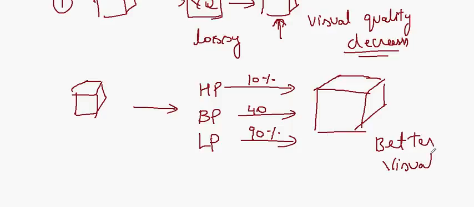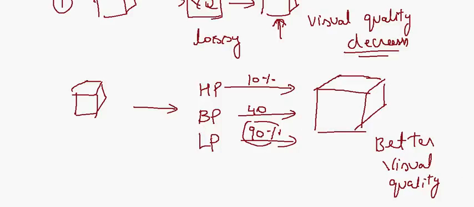You may ask, why do I achieve better visual quality by compressing at different rates? Even here I have compressed at 90%. I have compressed only the low frequency data at 90%. High frequency data I have compressed at 10%, that is lesser than what I have done for low frequency data. But you may ask, why did you compress low frequency data at higher rates?